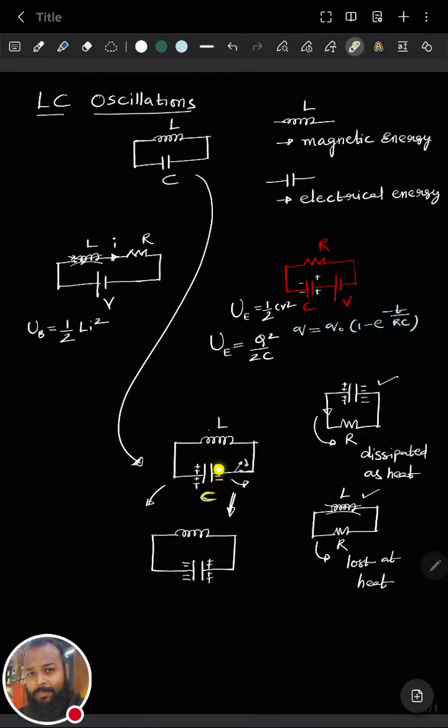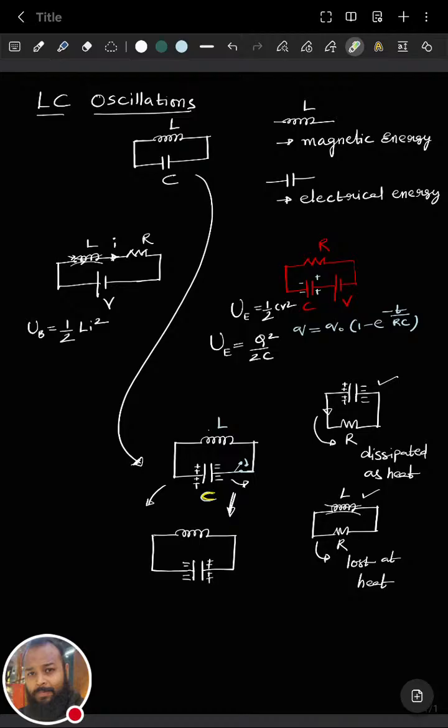So the capacitor gets discharged, and it is converted into magnetic energy. Now when this positive charge turns and comes here, what happens? This completely positive comes here, and again you have electrical energy. Now again this will come here. So this is oscillation of charge on the capacitor. So the positive charge is coming from here to here, then going from here to here, again coming back. In that manner, what is happening? The charge is oscillating and hence energy is also oscillating.